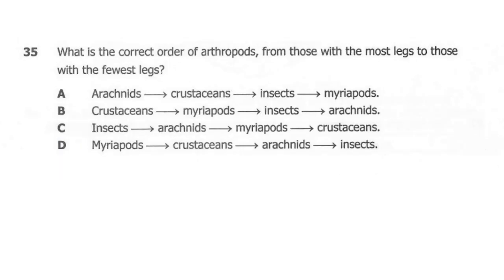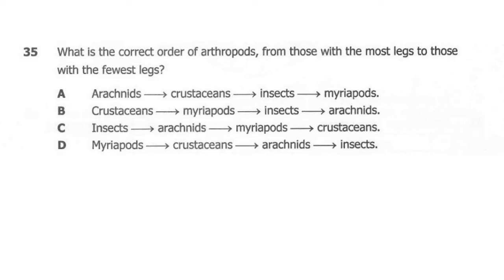Question 35. What is the correct order of arthropods from those with the most legs to those with the fewest legs? A. Arachnids to crustaceans to insects to myriapods. B. Crustaceans to myriapods to insects to arachnids.